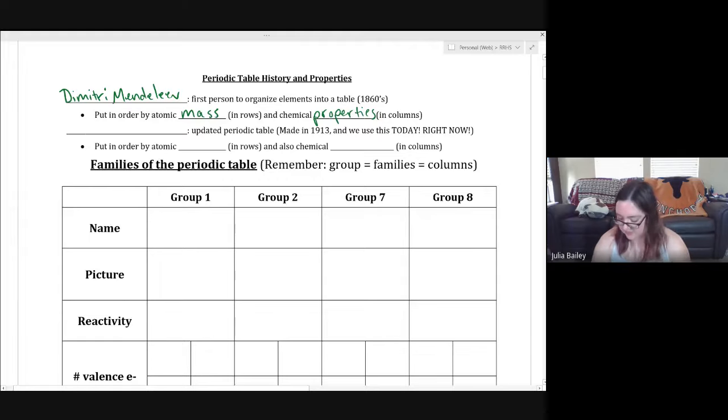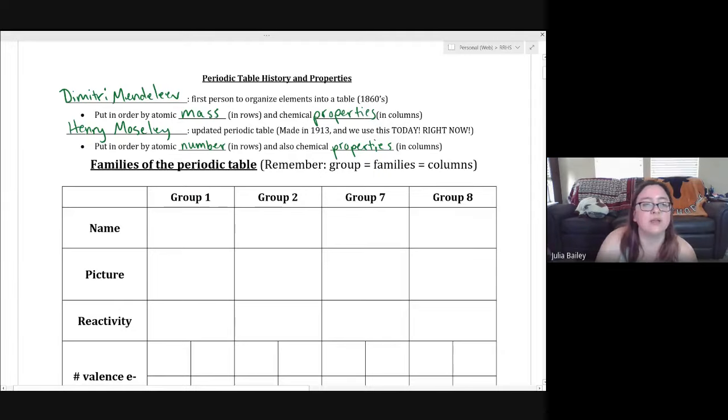And we used that periodic table until 1913 when Henry Moseley updated it. And what Henry Moseley did was he rearranged it so that it was in order by atomic number in rows and chemical properties in columns. Now, that is the periodic table we use today.